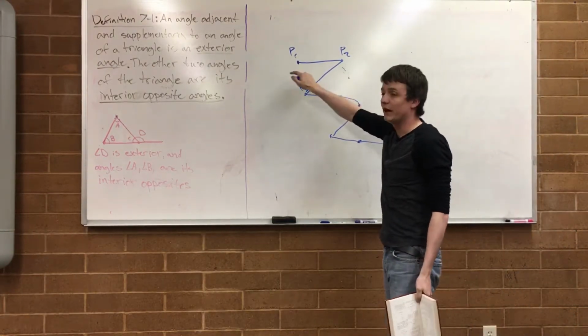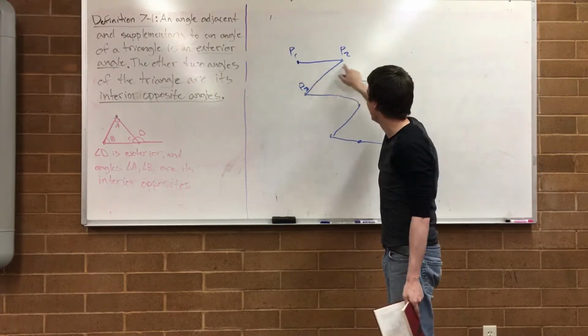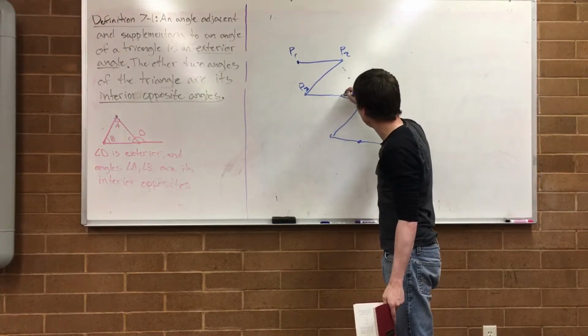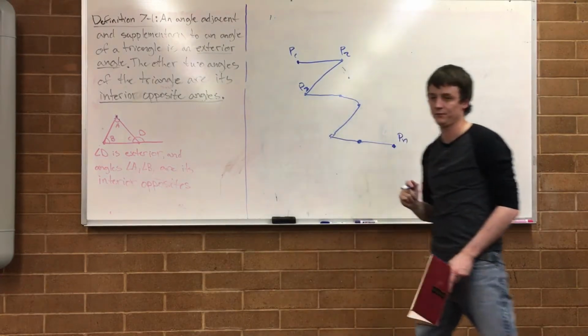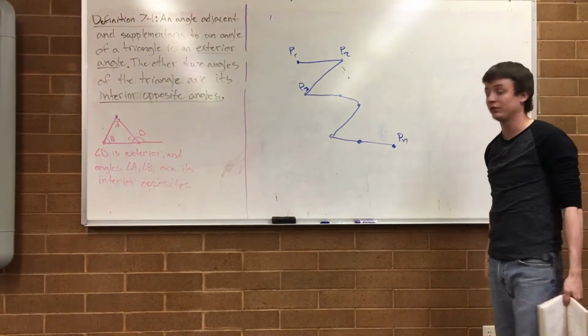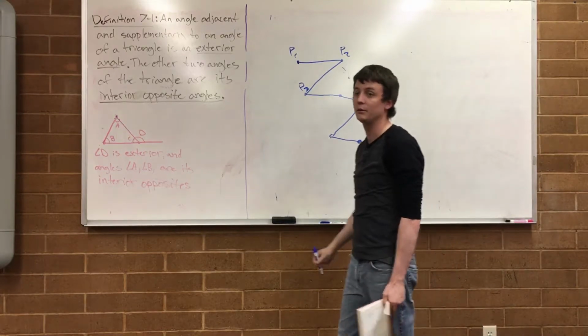Anyways, if we have some number of points and we connect them with line segments from point to point to point, this creates what's called a polygonal path. You might remember from graph theory talking about paths. Same idea.